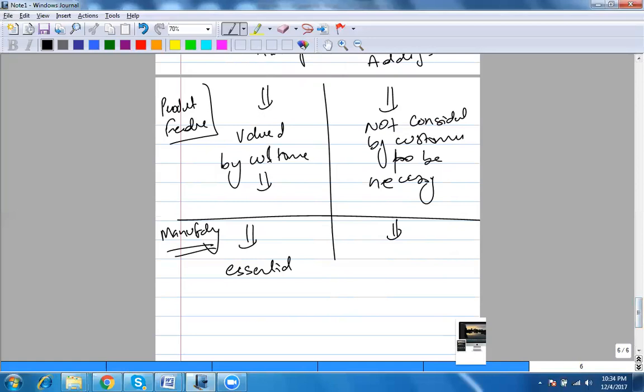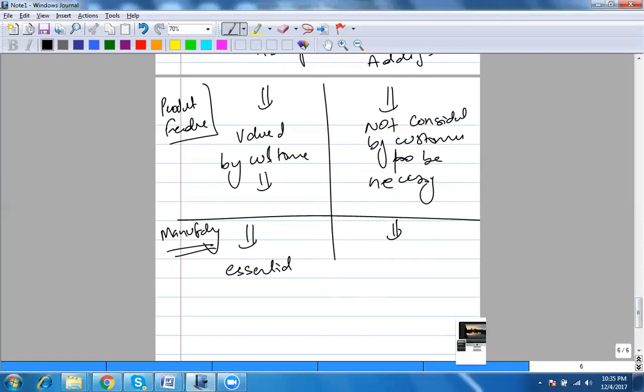Those processes which are essential for manufacturing a product of the desired quality are termed value-added activities. Non-value-adding activities are those during production which do not really add value, which are not essential, and which could be avoided without affecting the product quality.